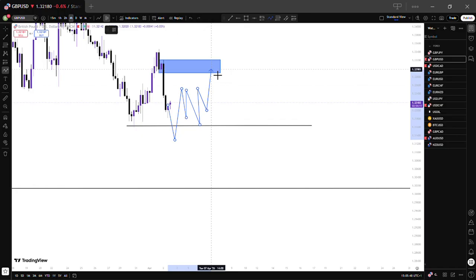So as soon as we tap into this order block, we now expect a full reversal to the downside, towards our direction, to give us the desired move we want, right?